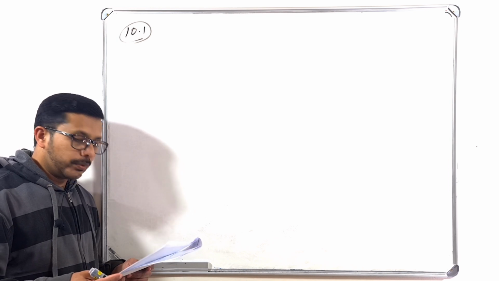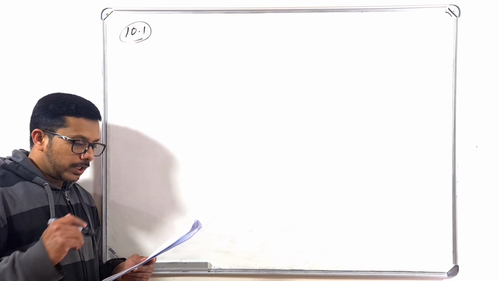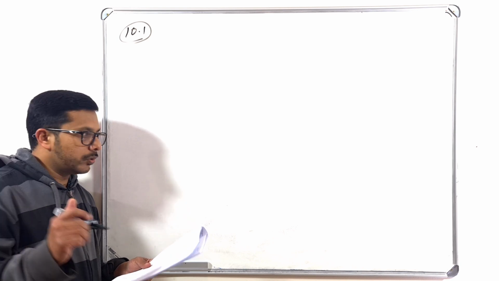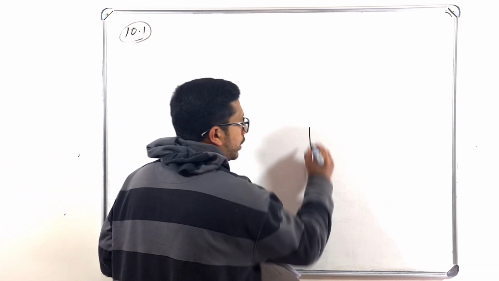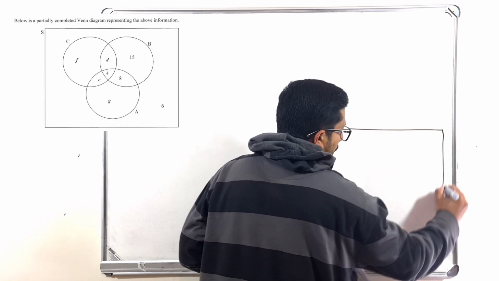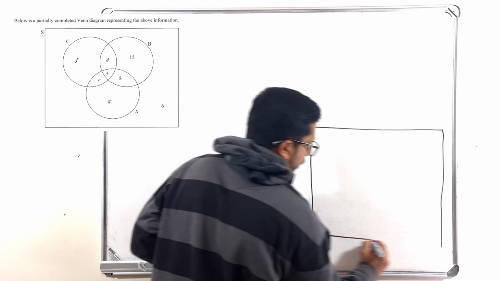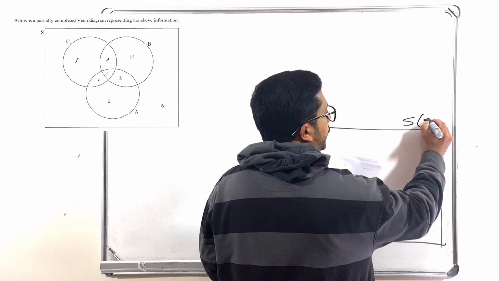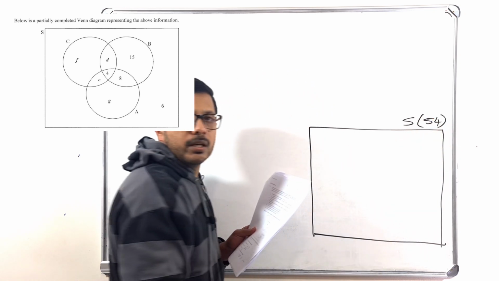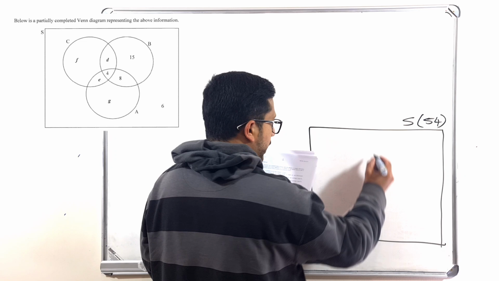At the bottom you can see a partially completed Venn diagram is also given. Let me draw that Venn diagram here for you to understand clearly. This is the sample space, and the total number of countries is 54.